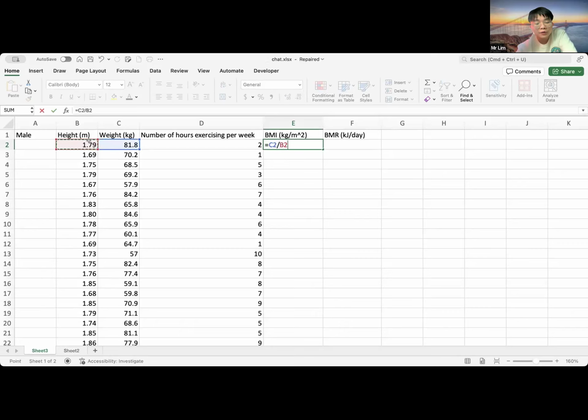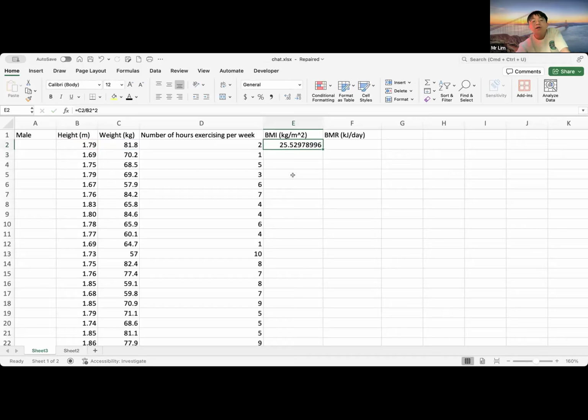To square, you put a caret and then 2. Where is the caret? It's on your shift and 6. Hold your shift and then 6. Then you have your caret, which is to the power of. Okay, power of 2.